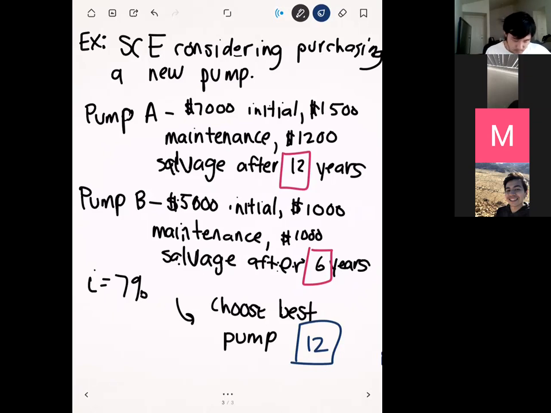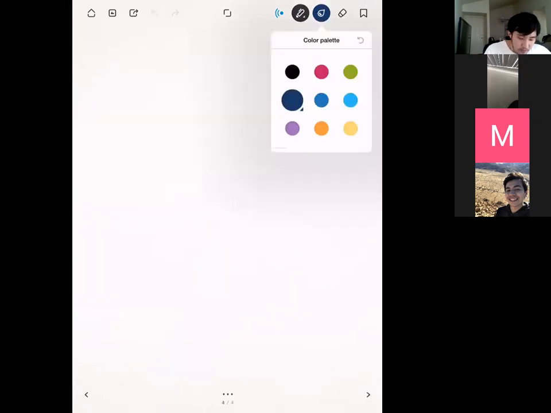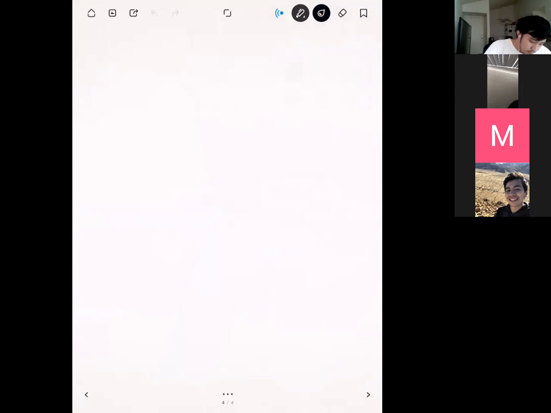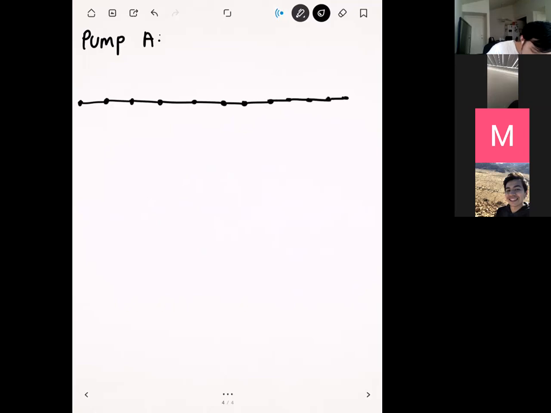So let's draw the cash flow diagram for pump A. Imagine these are all spaced evenly.